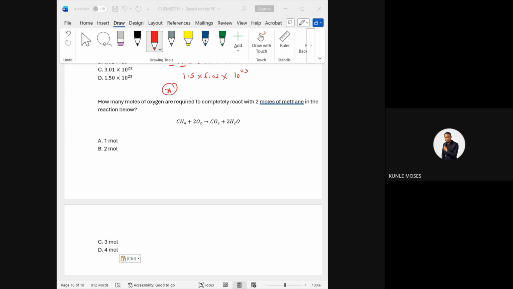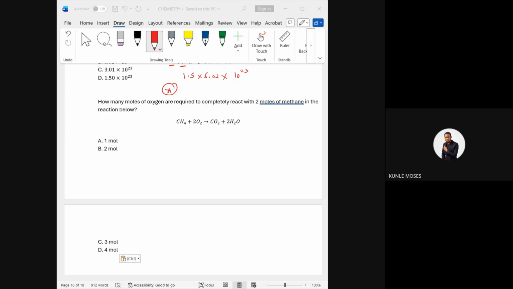What if they ask us to find the mass of methane? We have the number of moles of methane to be 2. They ask us to find the mass. So find the mass of methane.